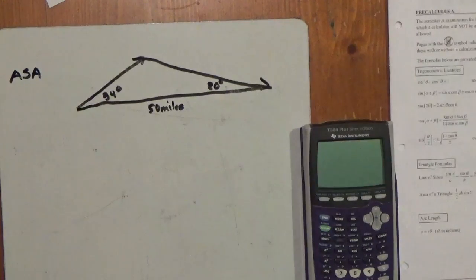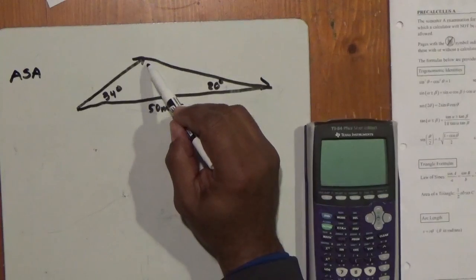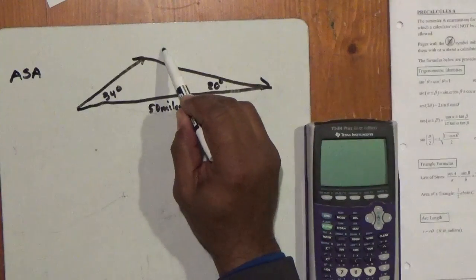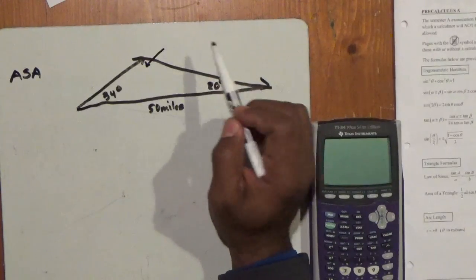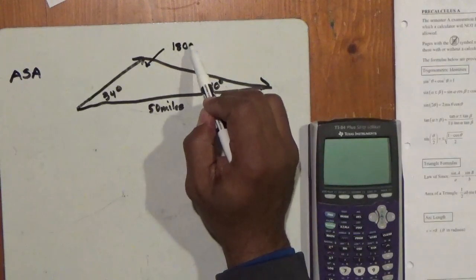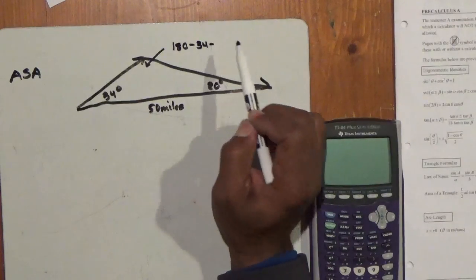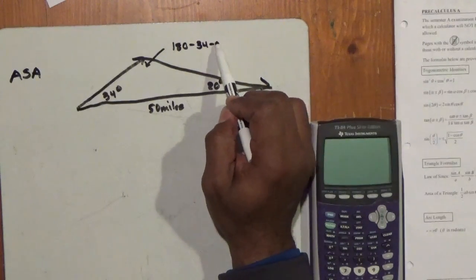All right, now you're given 2 angles. If you're ever given 2 angles, you can always find the third angle. That third angle is going to be what? 180 minus 34 minus the 20.